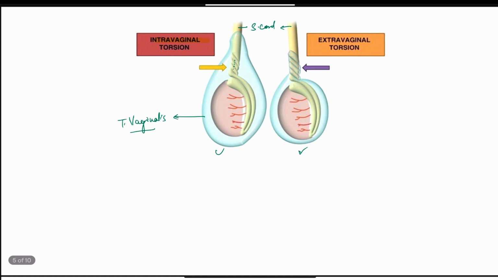So the tunica vaginalis is not involved, whereas in extravaginal torsion both the spermatic cord and tunica vaginalis are twisted. Intravaginal torsion is seen in adolescent males, and extravaginal torsion is exclusive to neonates.